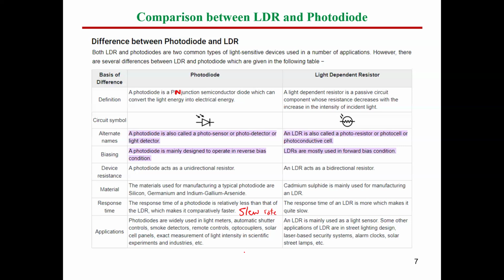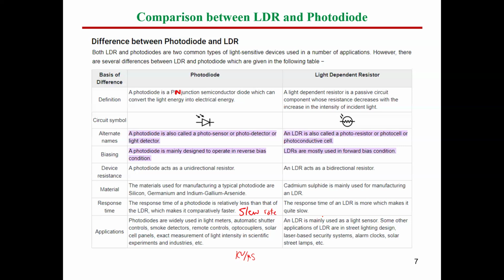Slew rate means how much voltage per second can flow in the signal, or sometimes we say volt per microsecond. It can reach kilovolts per microsecond, which means this is very fast. This is called slew rate.